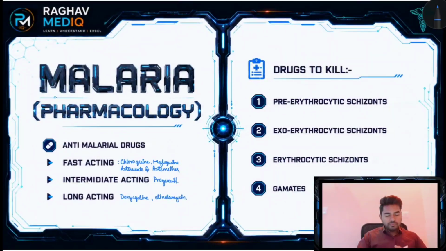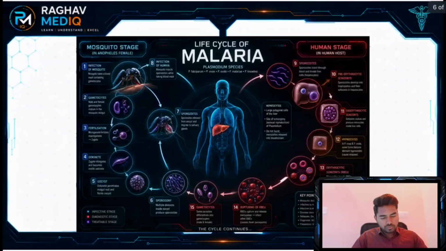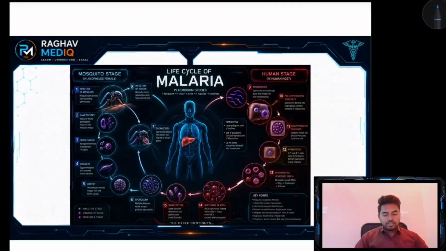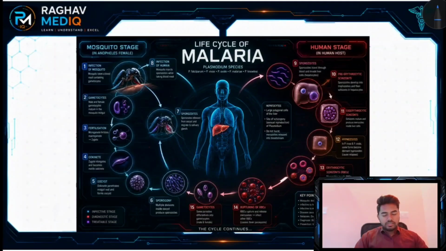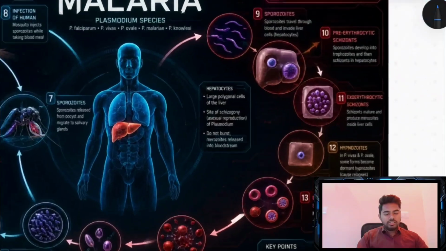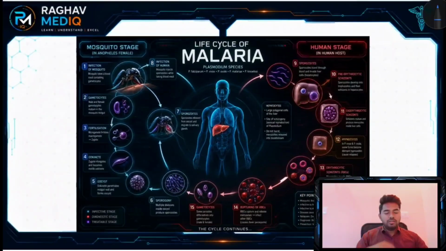Then we have drugs to kill pre-erythrocytic stage, exoerythrocytic stage, erythrocytic stage, and gametes. We'll see how. If a question comes for mechanism of action, you should write this life cycle and just show where all we will use the drugs.